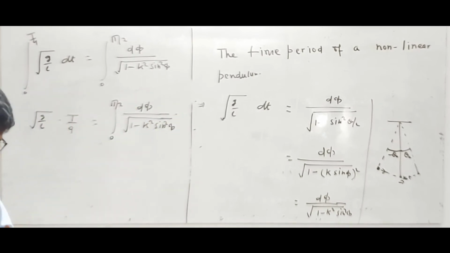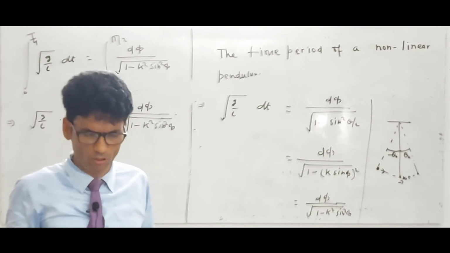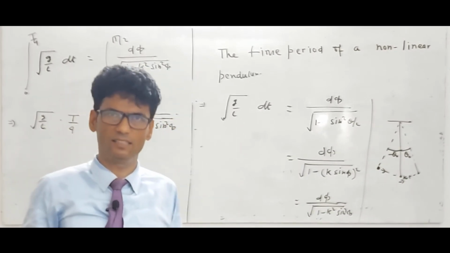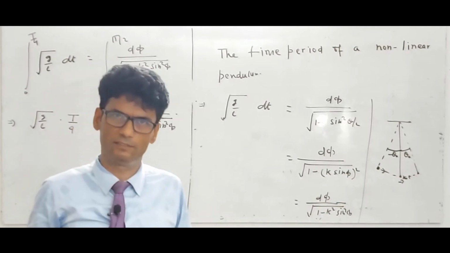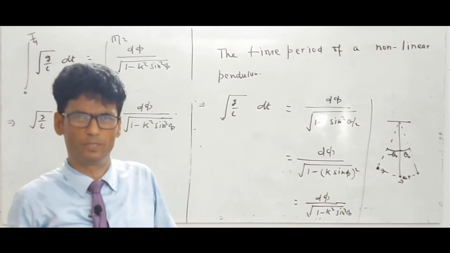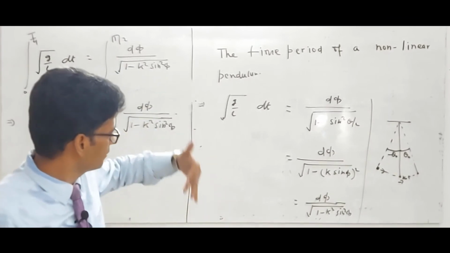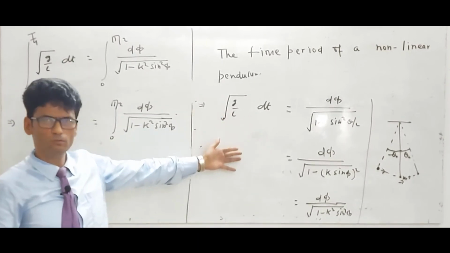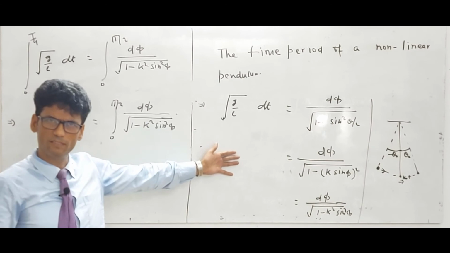Up to this stage, no problem at all. Even for class 11th and 12th class students, right now there is no problem, because class 11 and 12 students are capable of doing this mathematics.